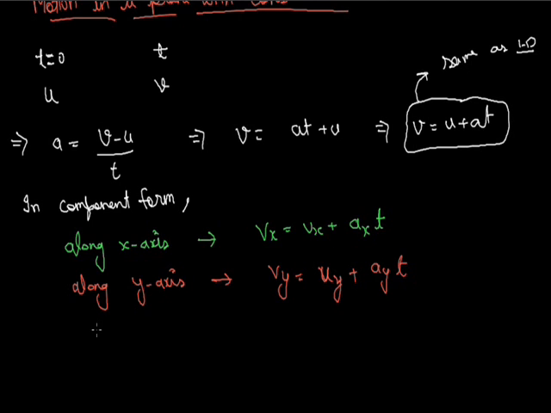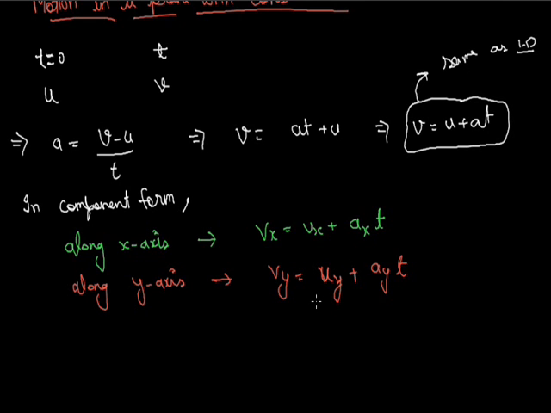Here vx is the final velocity along the x direction, ux is the initial velocity along the x direction, and ax is the acceleration along the x direction, and vy is the final velocity along the y direction, uy is the initial velocity along the y direction, and ay is the acceleration along the y direction.